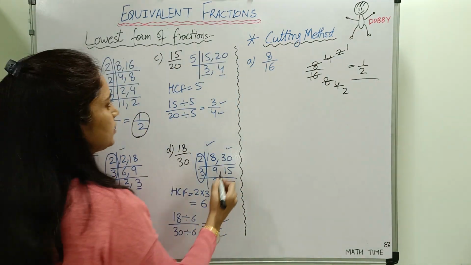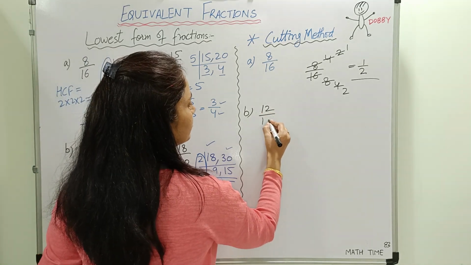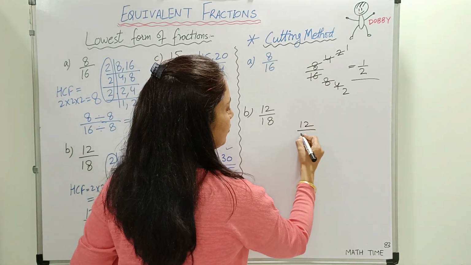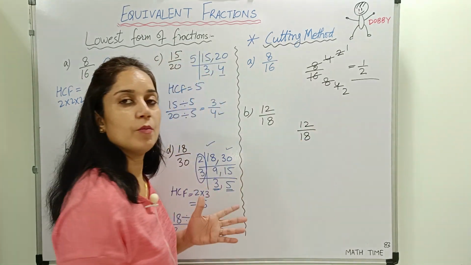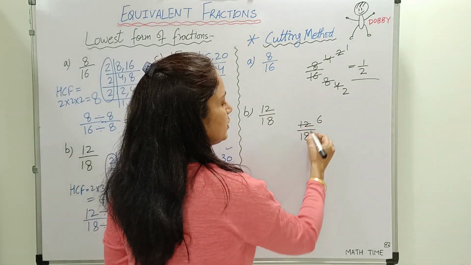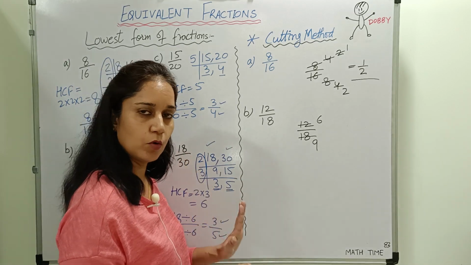Let us see the next B part. 12 upon 18. Let us try the cutting method here. 12 upon 18, common table 2. Why? Because both are even numbers. 2 6s are 12, 2 9s are 18. One time numerator denominator both cut.